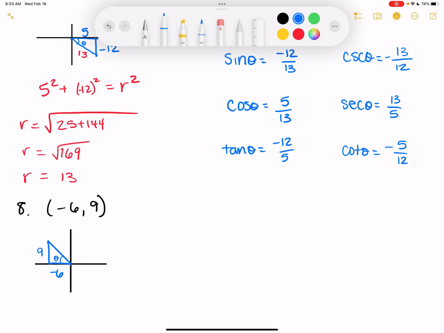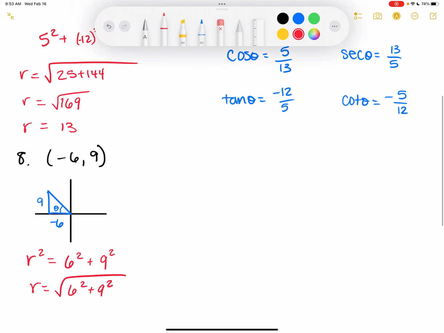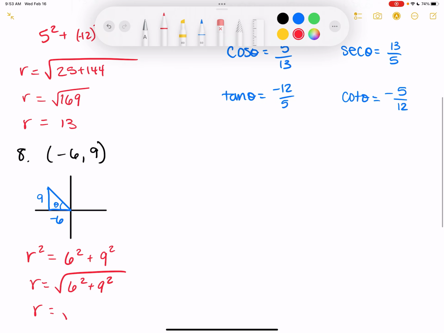Just for consistency with the section, we'll call it that. Square root of 117.